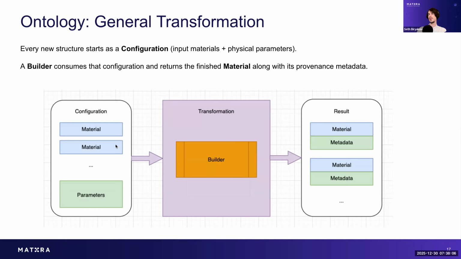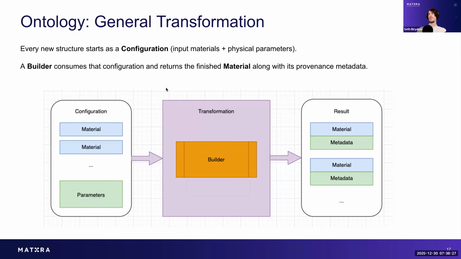This would be our configuration. Next one is a transformation, where we would find a slab builder. And when we apply slab builder to the configuration, as a result, we get a material with the metadata of whole transformations and parameters stored for provenance.